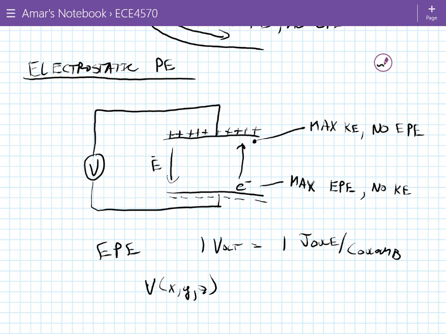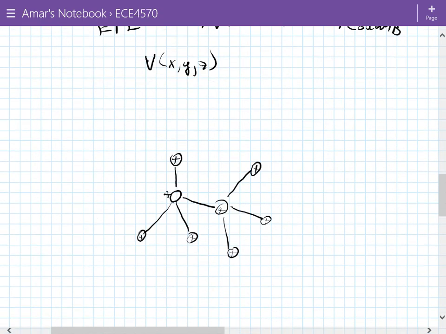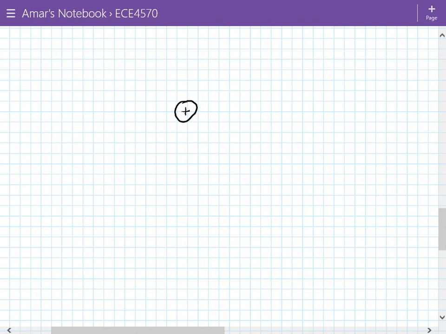Normally we define electrostatic potential energy as, if we would put a positive charge here, where would that positive charge go? It would move away. Just like the car rolling down the hill, that positive charge would get accelerated away from there, right? So the way to think about it is, if you were to put a positive charge at that point, would it have potential energy? And the answer in this case is yes.